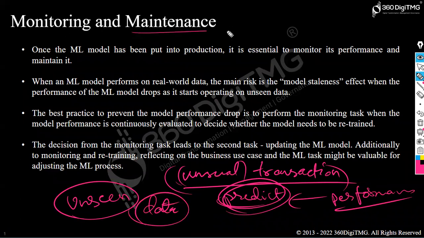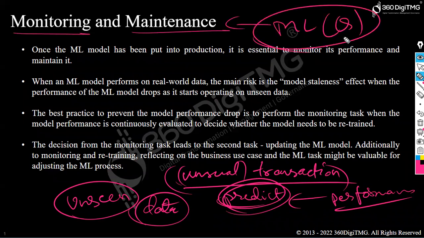So maintenance and monitoring is a part of the machine learning quality assurance methodology, which is followed on any real world data that could affect the performance of the model. I'm talking about unseen data.